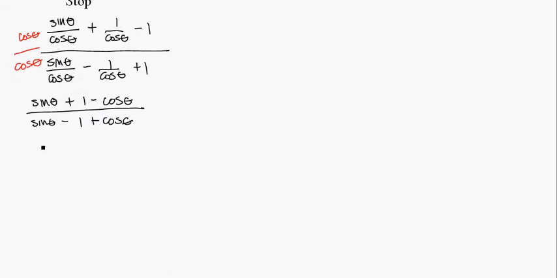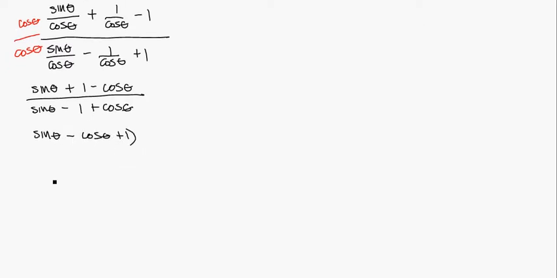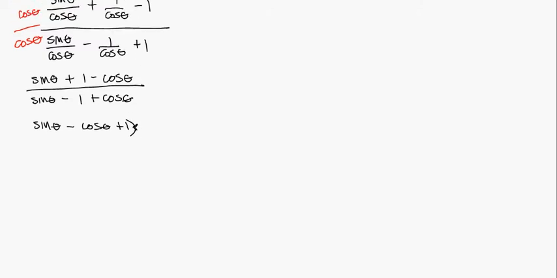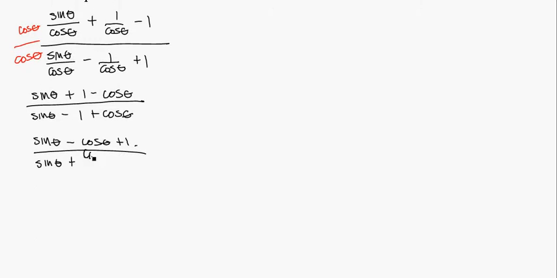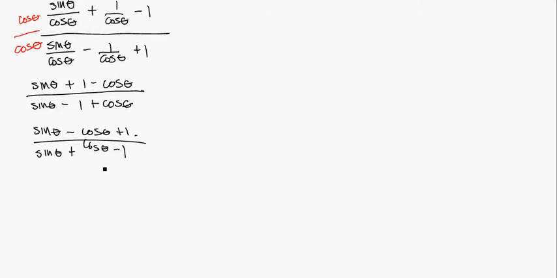I'm just going to change the order here. So I'm just going to do sine theta minus cosine theta plus 1, all over sine theta plus cosine theta minus 1.